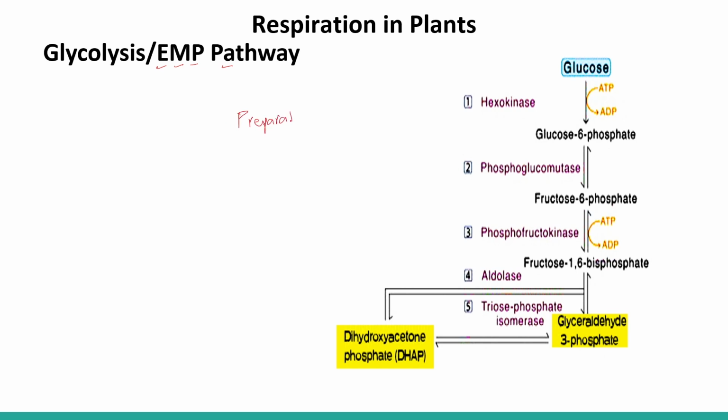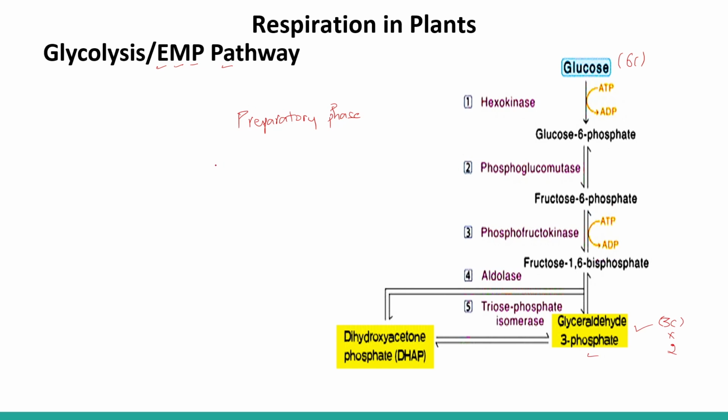This is the preparatory phase, till the synthesis of glyceraldehyde 3-phosphate. From glucose, which is a 6-carbon compound, a 3-carbon compound is produced, and 2 molecules of glyceraldehyde 3-phosphate are produced.